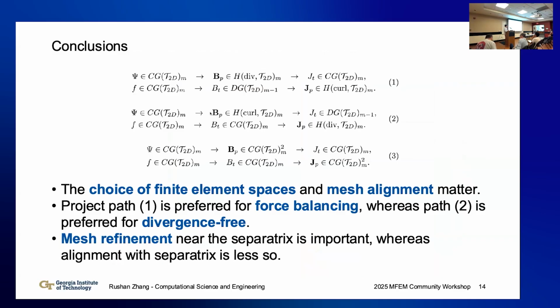But if the divergence-free property is more of your concern, you should choose the second path. It turns out that the vector CG path doesn't perform well for both cases. And mesh refinement near the separators is very important, but the alignment with the separator is less so.